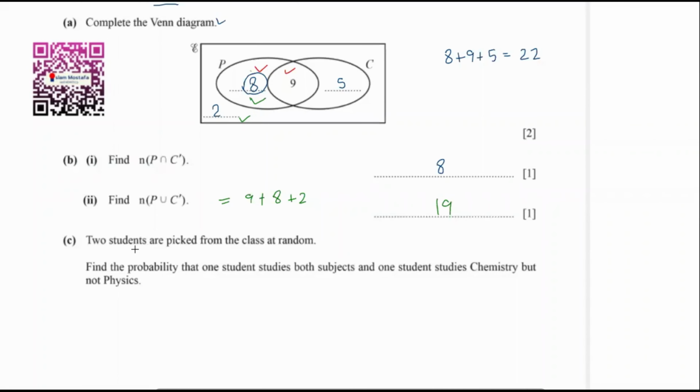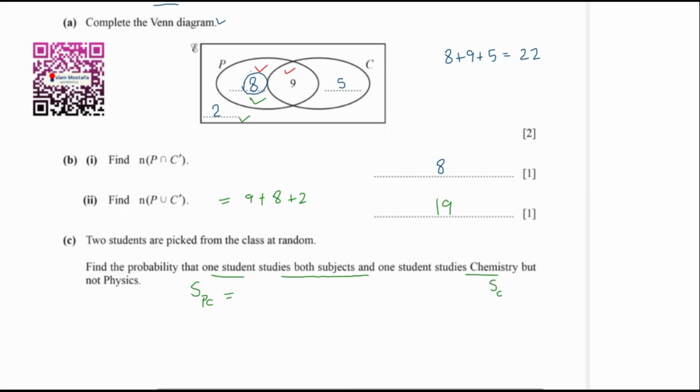Part C, two students are picked from the class at random. Find the probability that one student studies both physics and chemistry, and one student studies only chemistry. Now, the students who study both subjects we name as SPC, physics and chemistry. The students who study only chemistry we name as SC.